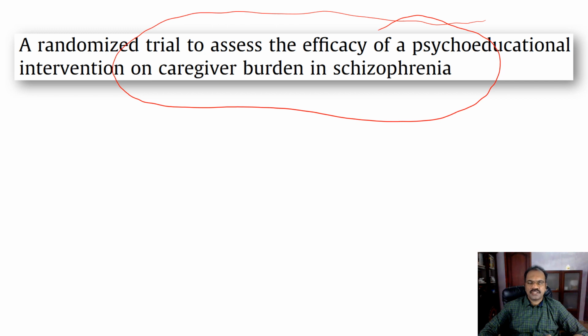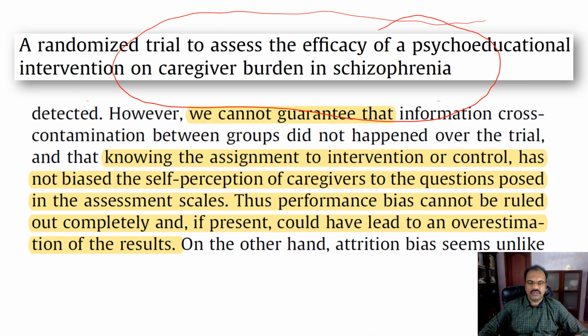But in their discussion section, the authors make this point: we cannot guarantee that there was no performance bias, because knowing the assignment to intervention or control may have biased the self-perception of caregivers in their answers to the questions posed in the assessment scales. Let me explain.